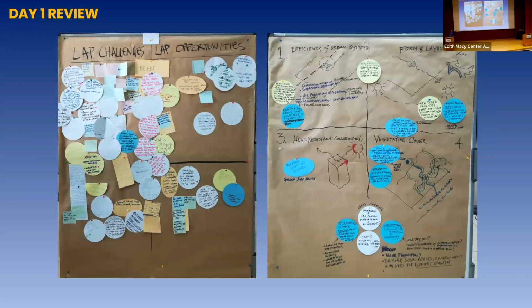Two different approaches we have for changing the built environment to address extreme heat and flooding, right? So those are the efficiency of the urban system, the form and layout, using heat-resistant construction materials, using vegetation cover. And we basically took things from the left and moved them to the right and tried to figure out where there was alignment. And this is where we should focus our research and our work, okay?